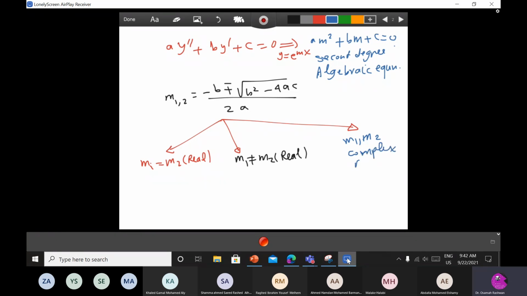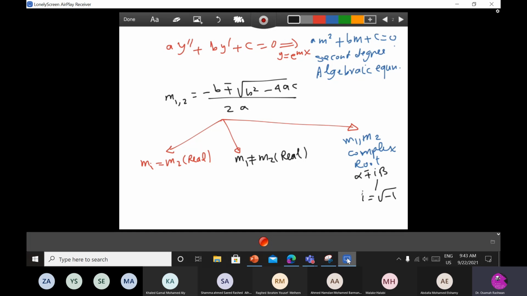What does it mean, complex root? It means in the form alpha plus i beta. What is i? i is the root square of -1. Okay. They are conjugate because any two complex numbers are conjugate. It means if you have alpha plus i beta, the other root will be alpha minus i beta.